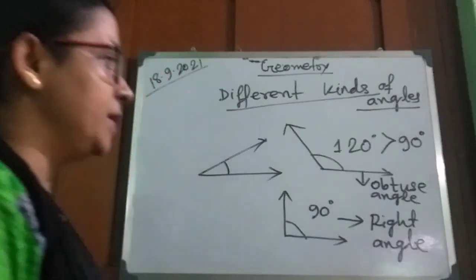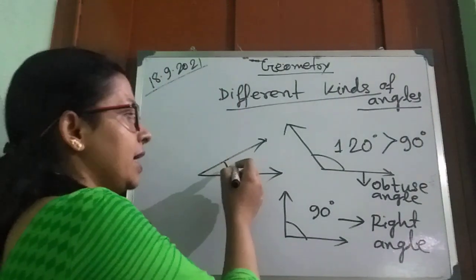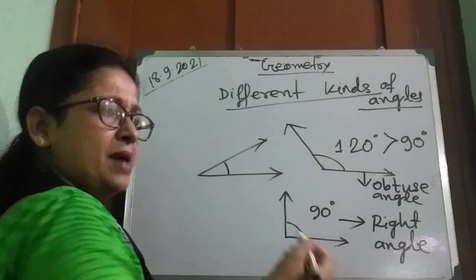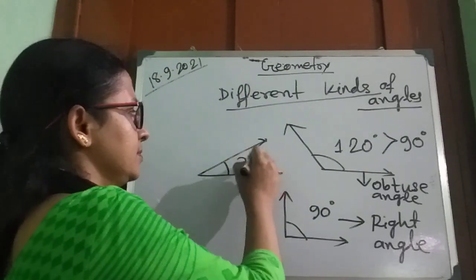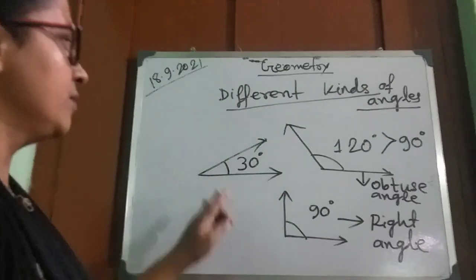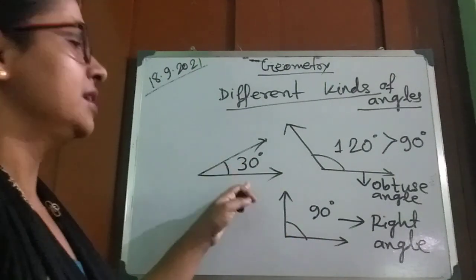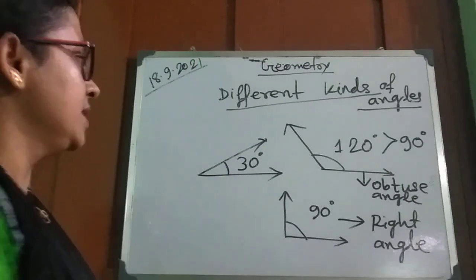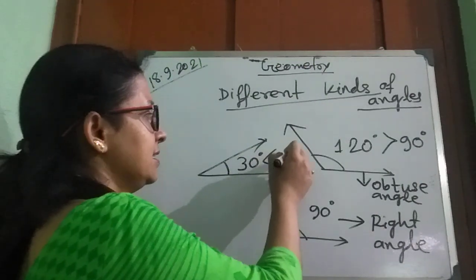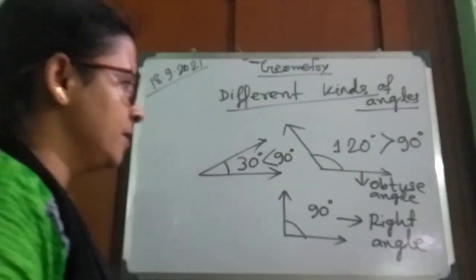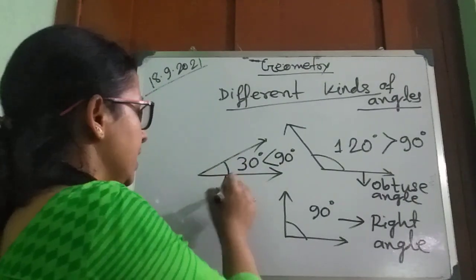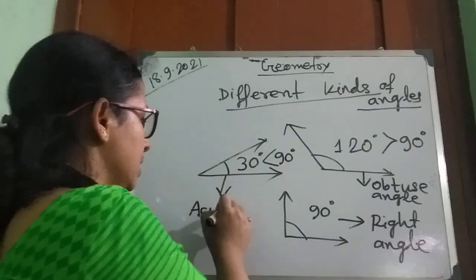That's why it is an obtuse angle. And this angle, I think maybe 30 degree. If you measure this, either 30 degree or other thing, I am saying it is 30 degree. That time it is less than 90 degree, obviously less than 90. So that time it is called an acute angle.